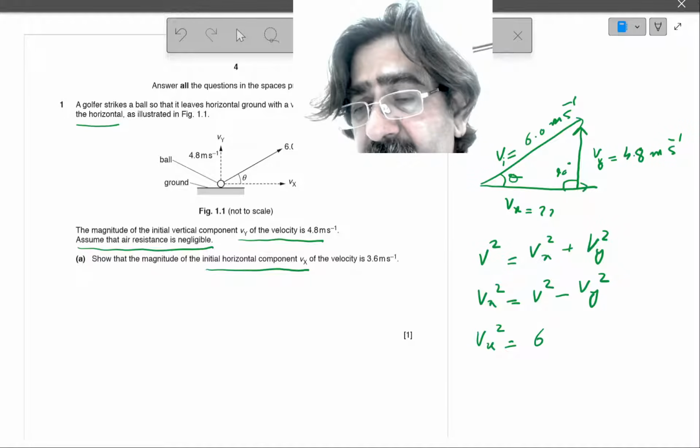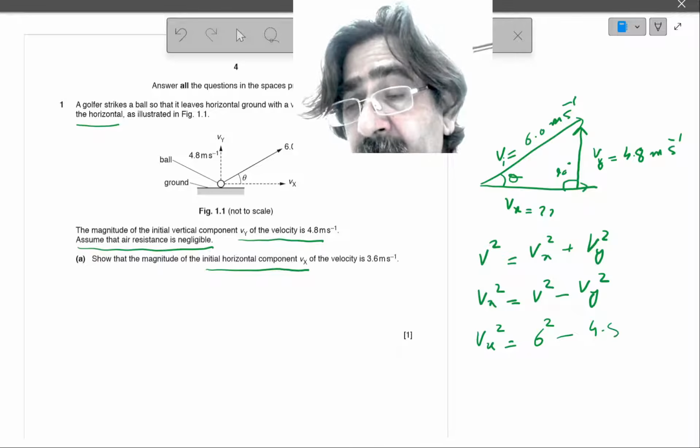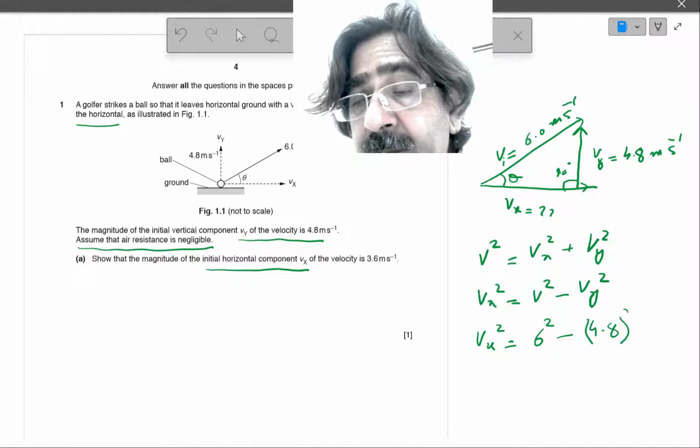V is given, that is 6 squared minus 4.8 squared.